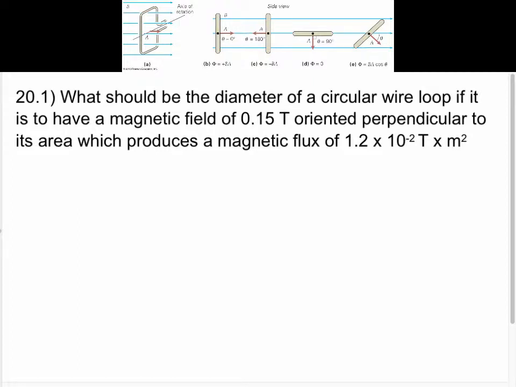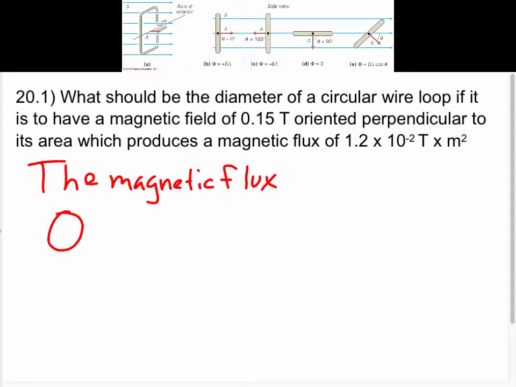So let's start listing some of the things that we know. The formula for magnetic flux is going to be the magnetic field times the cross-sectional area times cosine of theta.